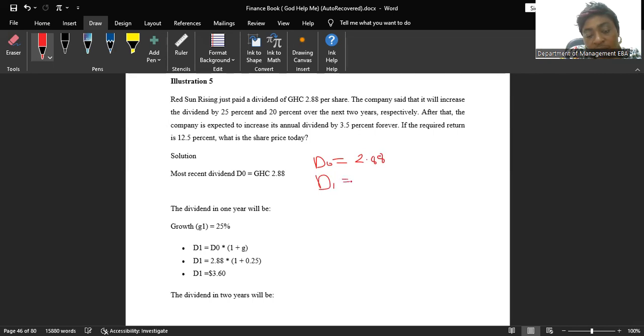D1 will be D0 times 1 plus the first growth, which is 25%, that is 0.25.